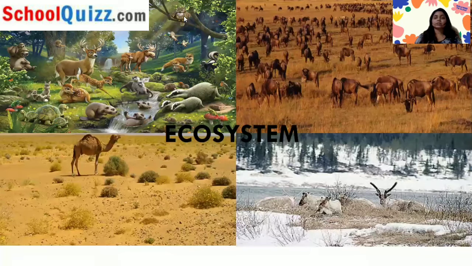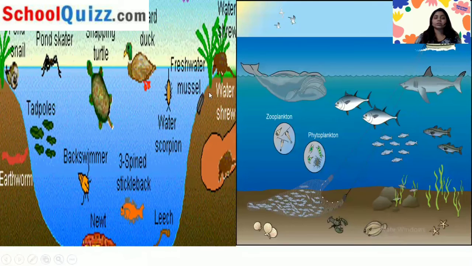Here you can see this is a forest ecosystem, this is a grassland ecosystem, this is a desert ecosystem, and this is a tundra ecosystem in the cold regions. Here is an aquatic ecosystem.